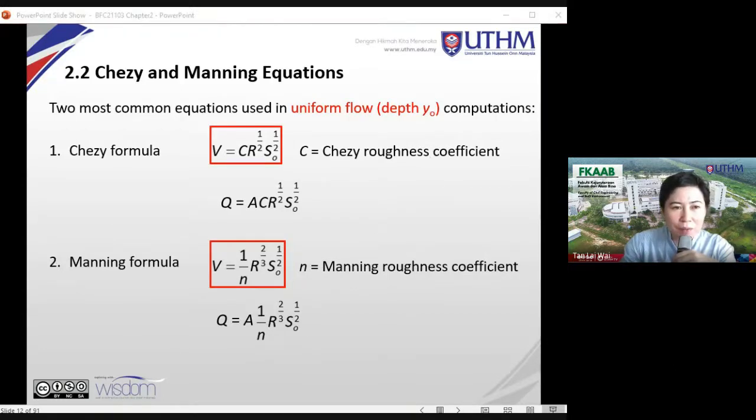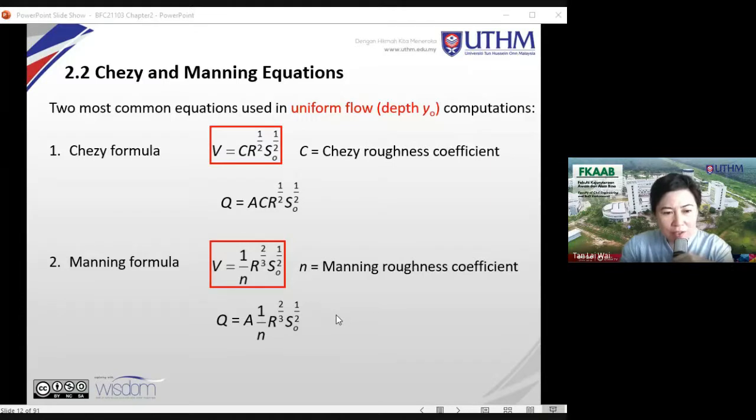Now we know that Q equals AV, right? Therefore, we could also write the Chezy formula in terms of Q instead of V. Since Q equals AV, we substitute V with C R to the power of half and S naught to the power of half. Therefore, you have the Chezy roughness flow equation in terms of rate of flow.